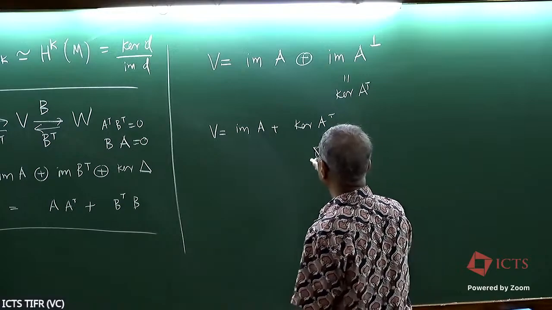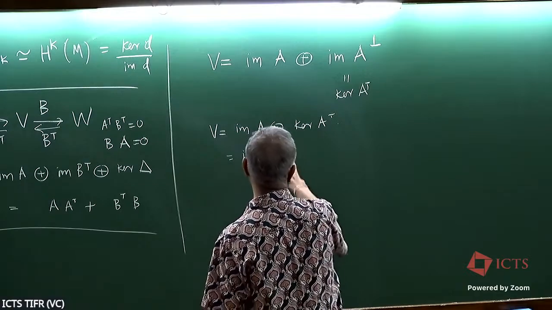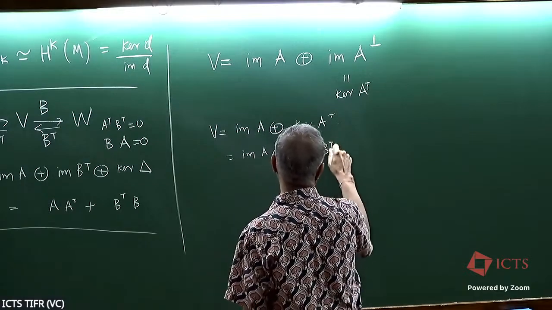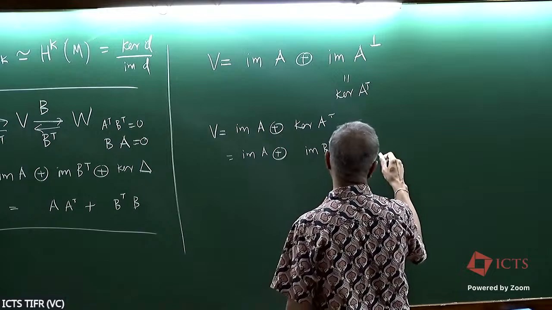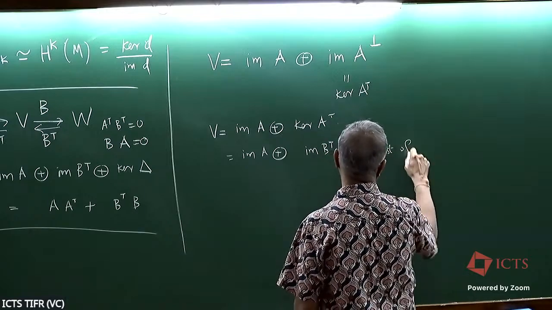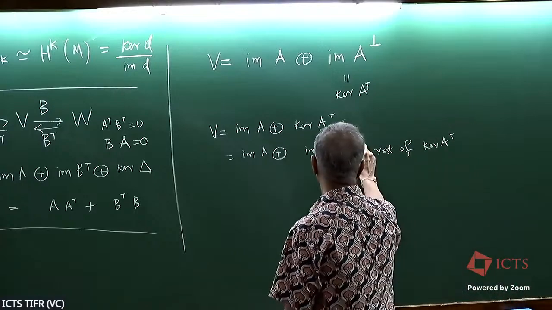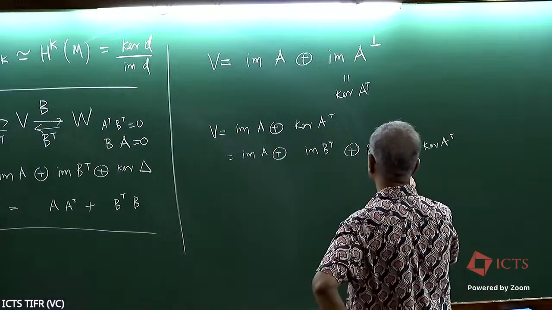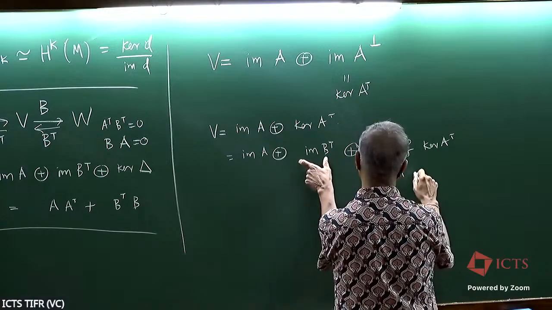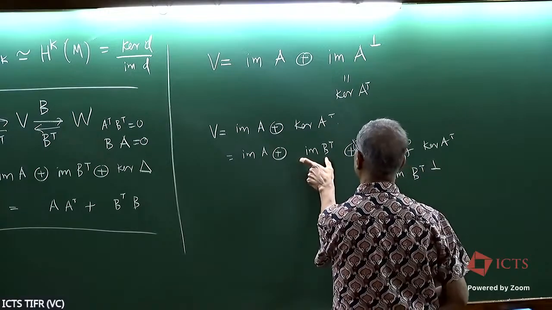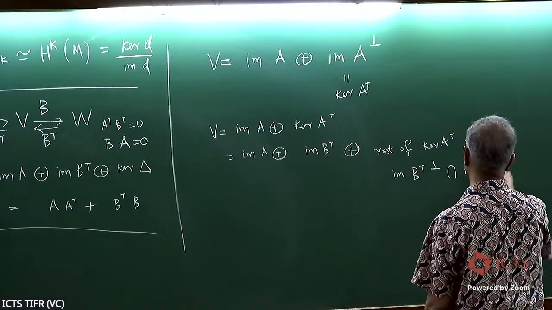So what we will do then is write this as image of A plus image of B transpose, which is sitting inside the kernel of A transpose, plus the rest of it. So what is the rest? The rest is the orthogonal complement of the image of B transpose sitting inside the kernel of A transpose.